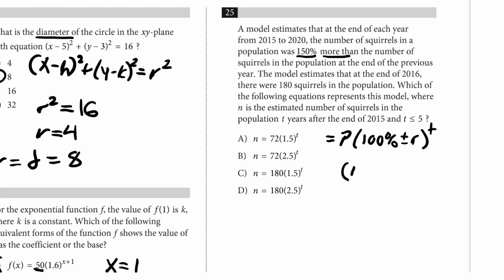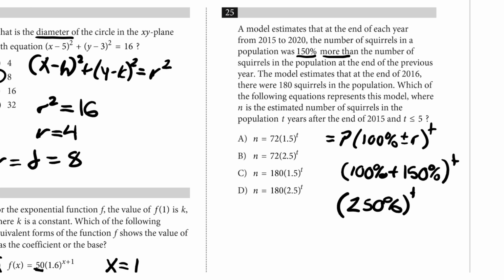Inside the parentheses, we should have 100% plus the increase, which is 150%. So inside the parentheses, we should have 250%, which comes out to 2.5 to the power of t.